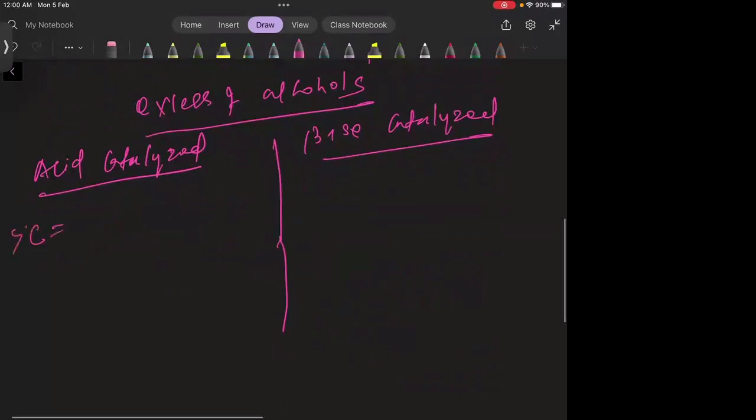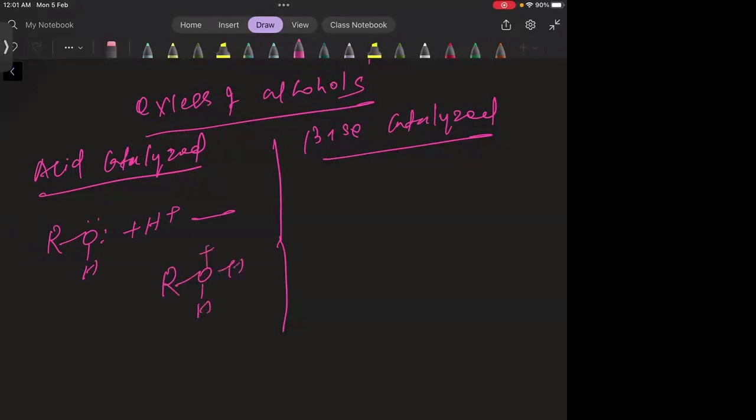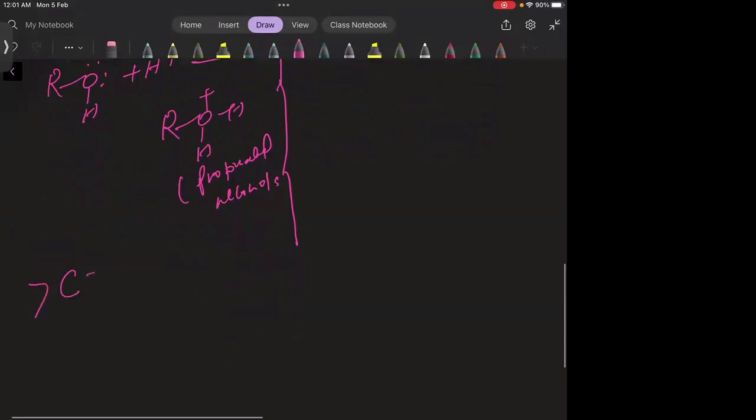What will happen? C double bond O. See what will happen? We take alcohol ROH. The alcohol reacts with the HCl and forms the protonated alcohol, ROH and H plus, which is called protonated alcohol. And this protonated alcohol then attacks, since there is a lone pair on the carbonyl compound's oxygen, on the H plus ions.